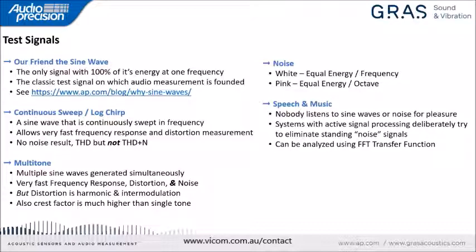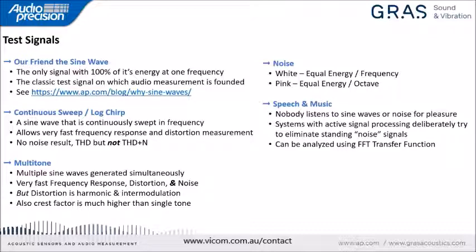Now, there are techniques that let us make measurements beyond the sine wave. So particularly for characterizing acoustic devices, a very common test signal these days is a continuous sweep or a log chirp, or you may have heard it called an exponential sine sweep.